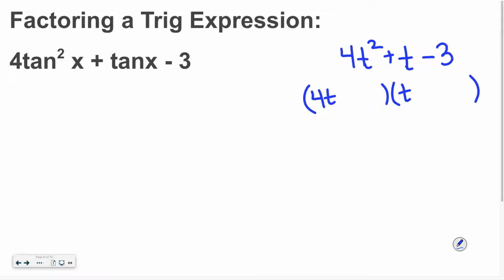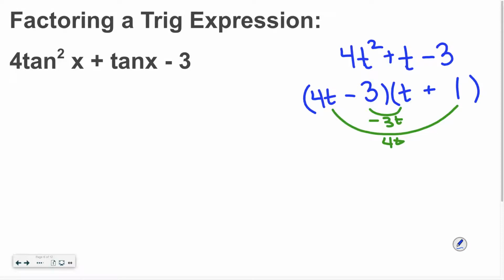I know the answer. I want you to help me. Where should the 3 go? Where should the 1 go? Here? Okay, which one needs to be positive? So here we have negative 3t, and here we have positive 4t. Does that add up to be the 1t in the middle?